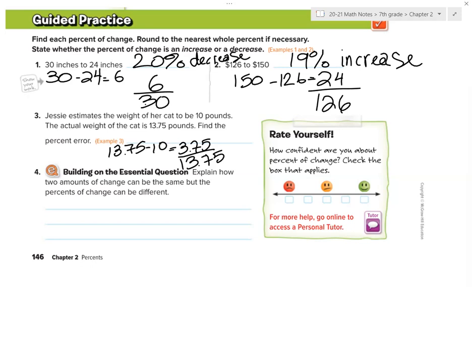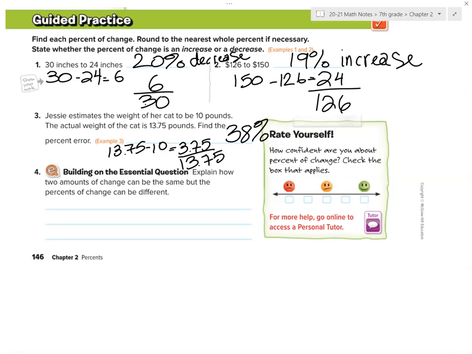So 3.25 divided by 13.75, we get 37.5. It said to round to the nearest highest percentage, so 38%.